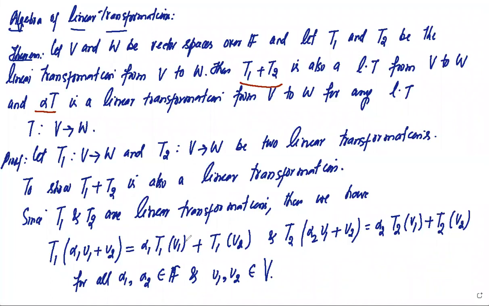Now we have to prove a similar condition for T1 plus T2. That means we have to prove that for any scalar alpha in the scalar field F, and for any vectors V1 and V2, T1 plus T2 of alpha V1 plus V2 is equal to this linear expression.